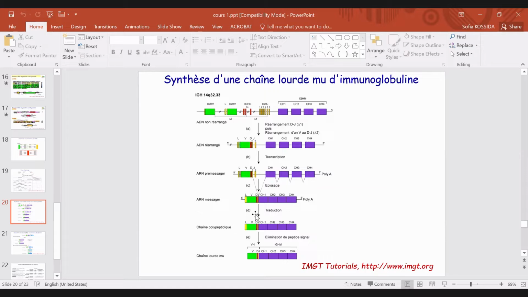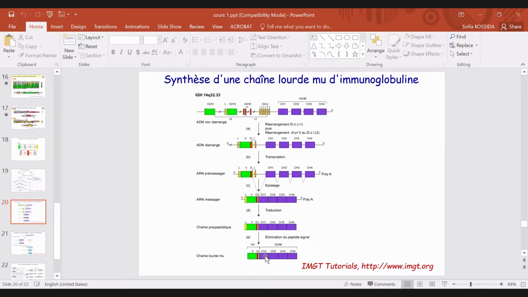We have the translation, that is, 3 nucleotides, 1 codon, 1 amino acid. This is at the protein level. This is the polypeptide chain. We have the elimination of the signal peptide, and then here you see we have the heavy chain mu.